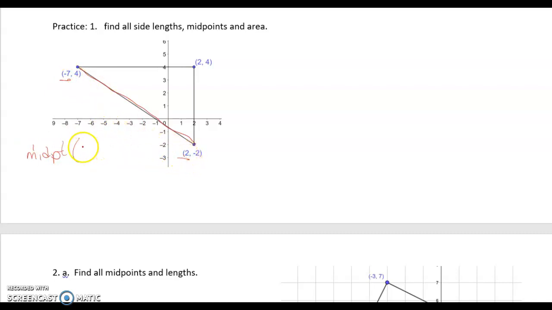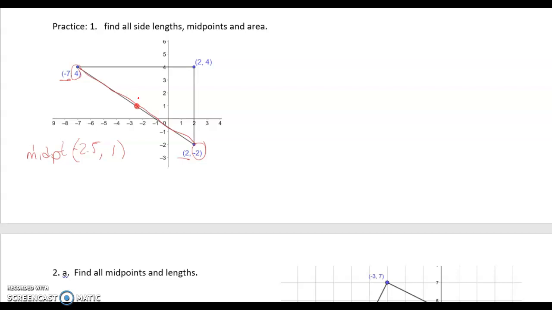We're at -5 divided by 2, -2.5. Then the average y is going to be 4 plus -2. 2 divided by 2, we're at 1. Let's take a look. -2.5, 1. Oh, eyeballing it, that makes a lot of sense. Looks like that midpoint works.